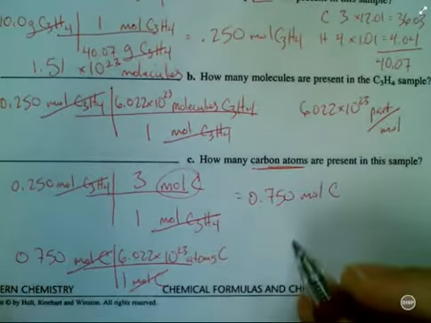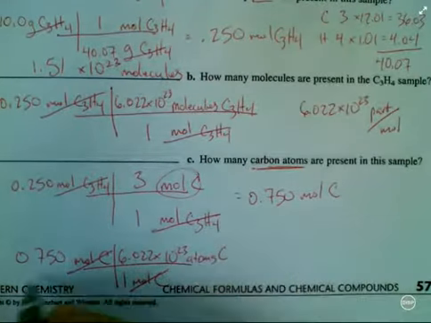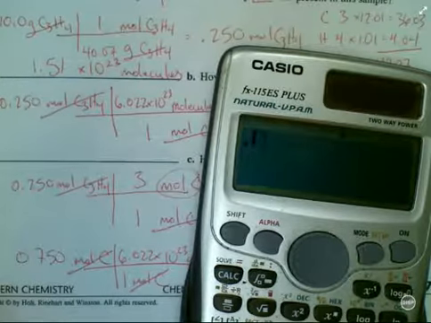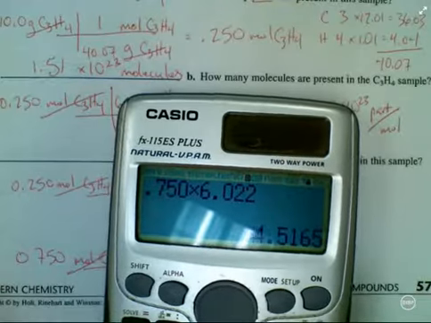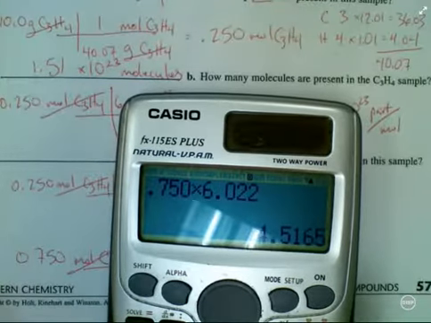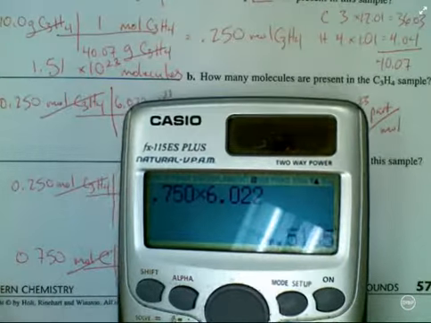Moles will cancel, and so I'm left to do some multiplication. 0.750 times 6.022. I come up with, again, a value that is in between 1 and 10. So, lucky me, I'm not going to have to move the decimal. That also means I don't have to change the exponent.